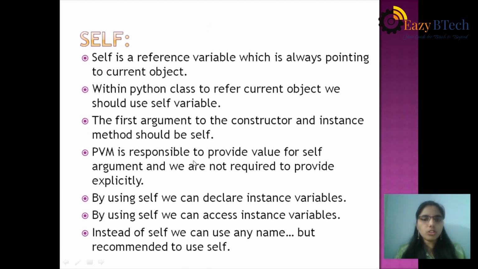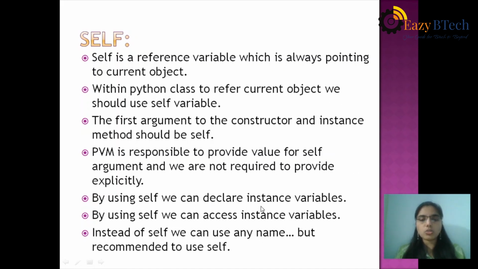PVM is responsible for providing a value for the self argument, and we are not required to provide it explicitly. The first argument to the constructor and instance method should be self. By using self, we can declare instance variables.